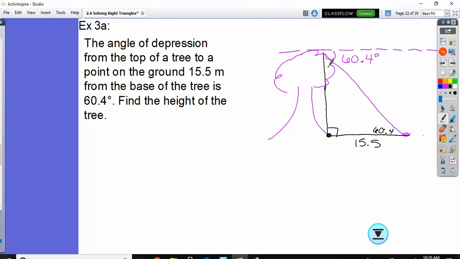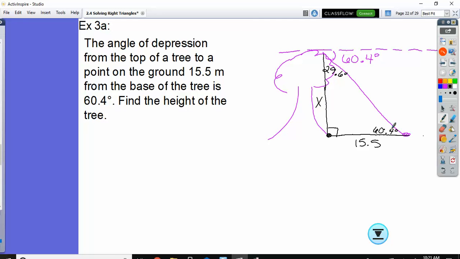So this one, if we subtracted from 90, we get 29.6 for that one. Or you could label the bottom angle as 60.4. You just need one of those angles in your triangle. I'm looking for the height of the tree, so I'm looking for this side right here.